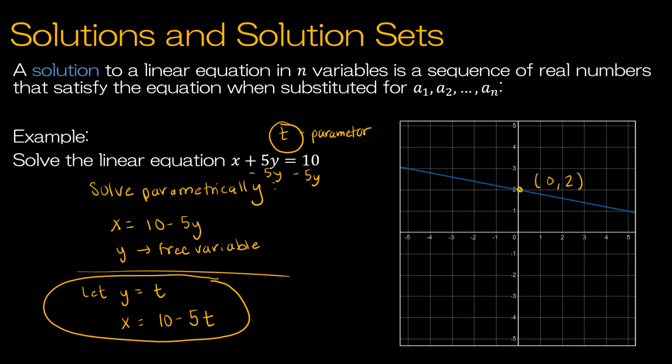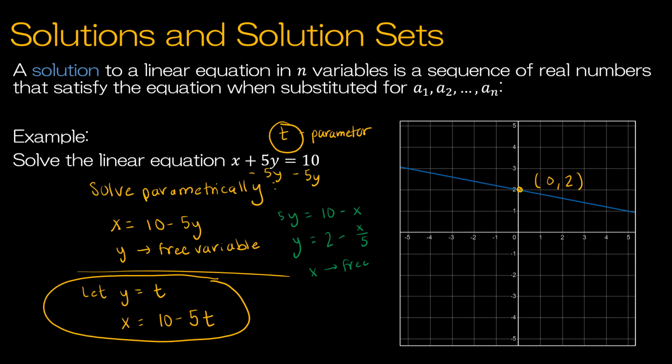So keep in mind that it would be possible in this case, because you might be asking yourself that question, why did she choose x? Well, I could have said let 5y equal 10 minus x. Therefore, y by division by 5 would be 2 minus x over 5, or 1/5 x. And then x would be a free variable.